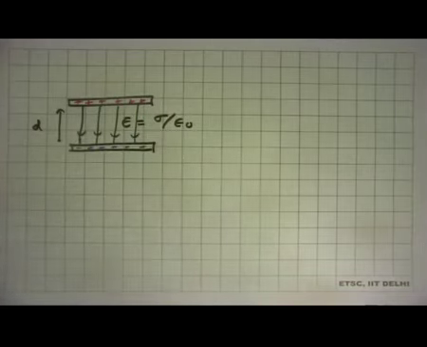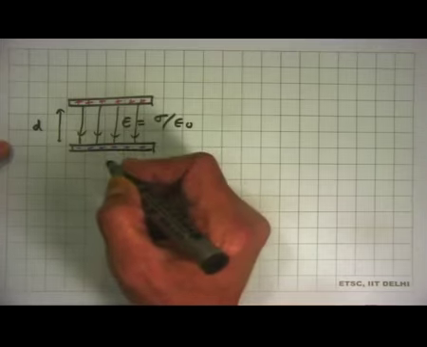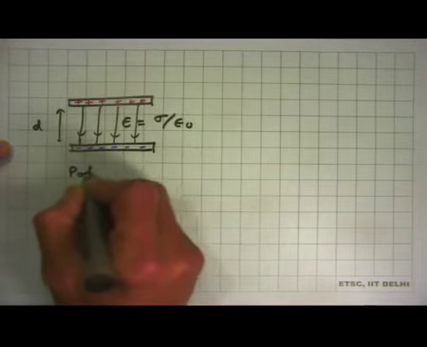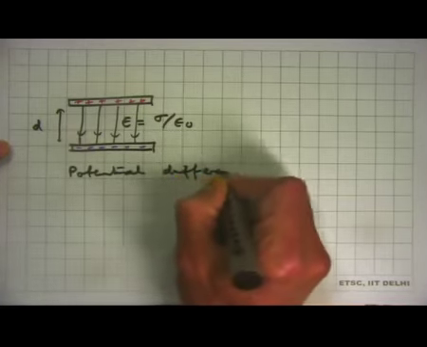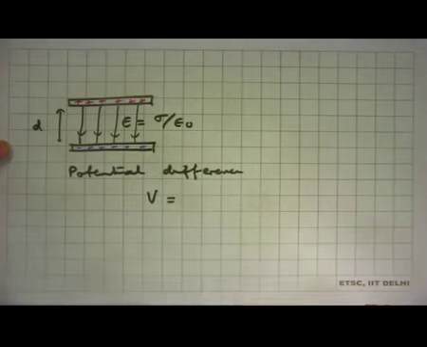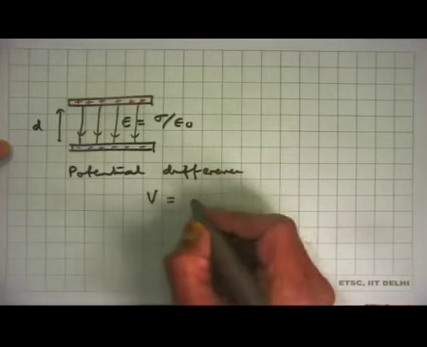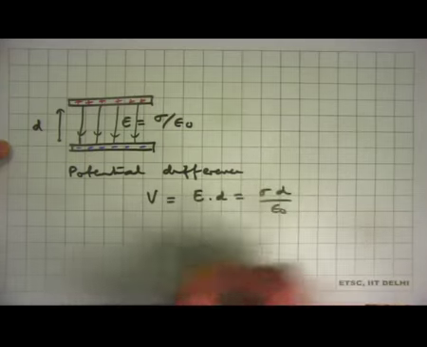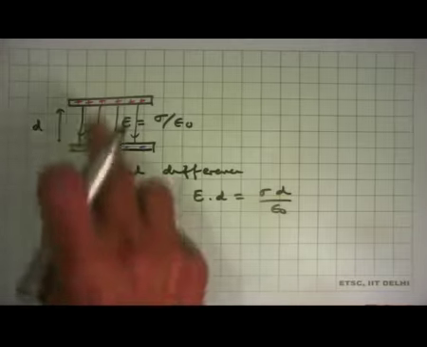Now, I want to calculate the relationship between the charge contained in these two plates and the potential difference between them. The potential difference V is equal to the work done in moving a charge from one plate to the other, which is the electric field times the distance, equal to sigma d by epsilon 0. Sigma by epsilon 0 is the electric field, and d is the distance between the two conductors.